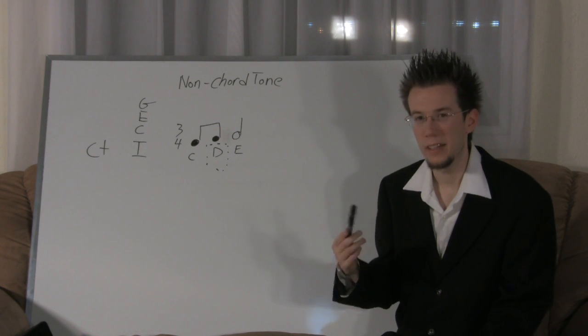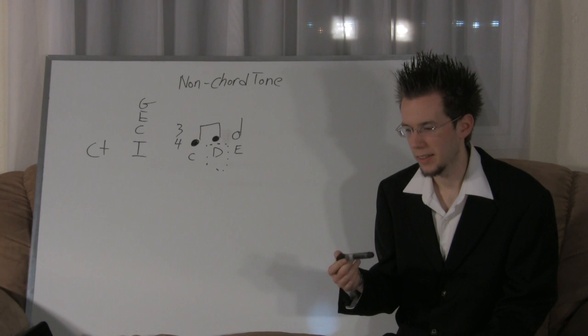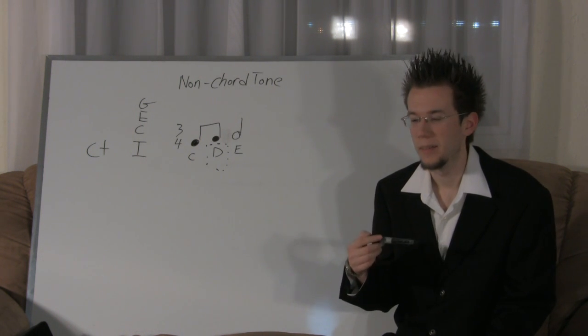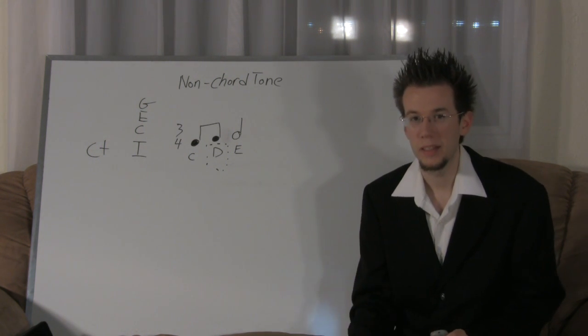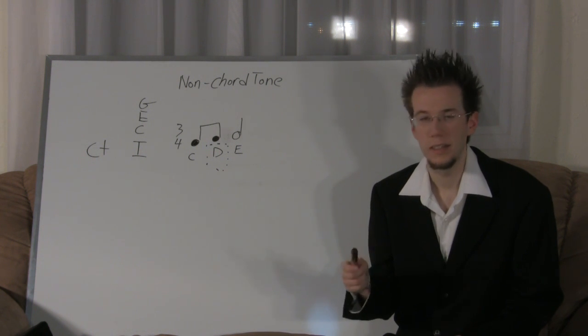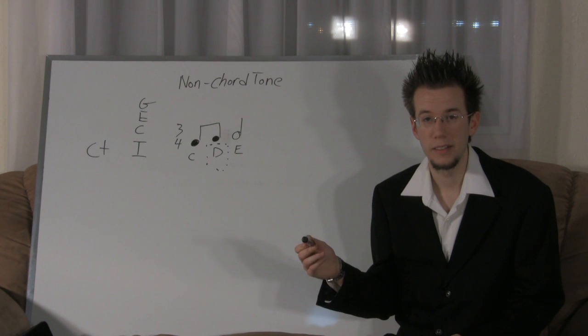Now, it can get a little ambiguous, because you could think that this is a non-chord tone, but really, maybe the composer added an extra note to actually make it a different chord. An example would be, if you're looking at a bar and it's a 5 chord, right? And you're looking at G, B, and D, and then all of a sudden you see a random F in the melody.